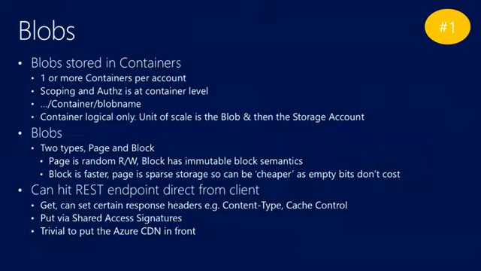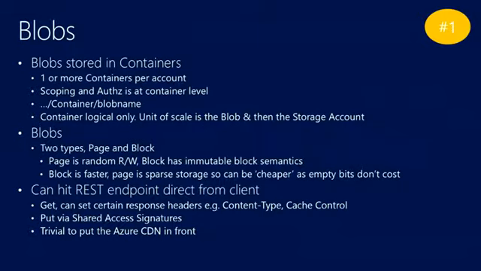A couple of different types of blobs. You have page blobs and block blobs. Pages are really optimized for random read-write. Blocks are optimized for uploading contiguous file extents and then committing those file extents. If you read that paper that I pointed you to before, you'll see that at the end of the day, the block stuff maps down to the way the underlying distributed file system works in terms of its extent writing approach.